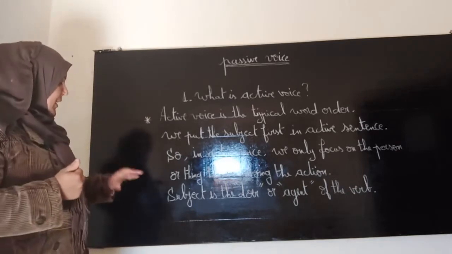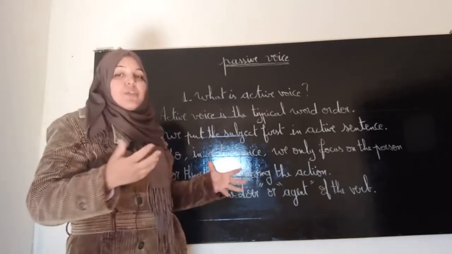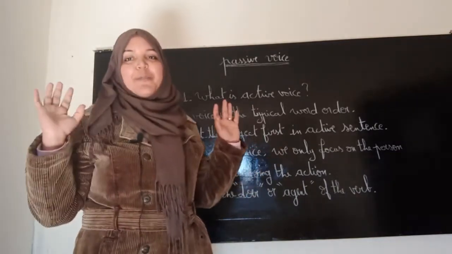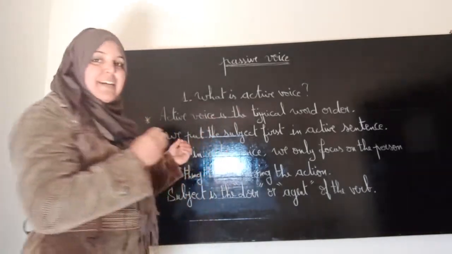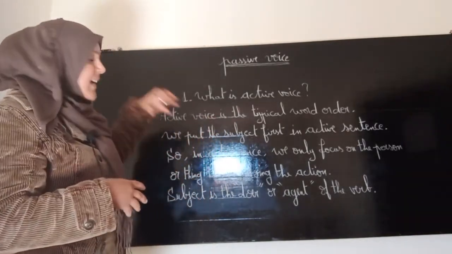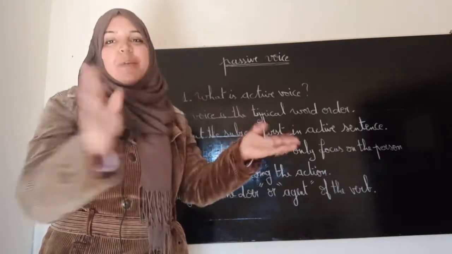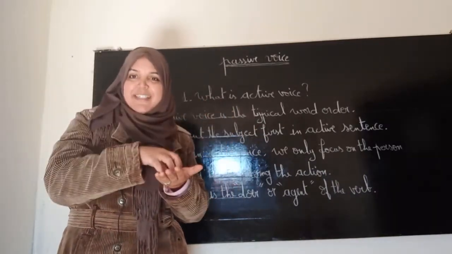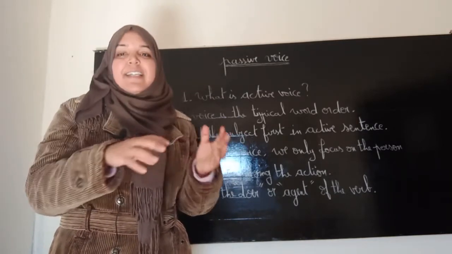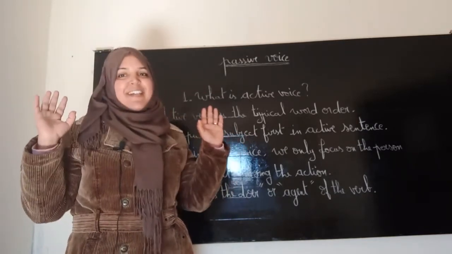Okay? So here, subject is the doer or the agent of the verb. That's it for active voice. I think it's clear because in active we only focus on the person or thing that is performing the action, and the subject in active sentence is the doer or the agent, and that's it.